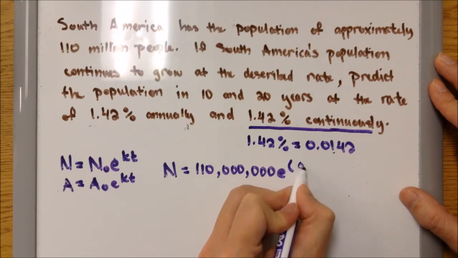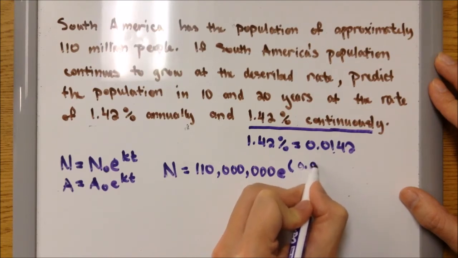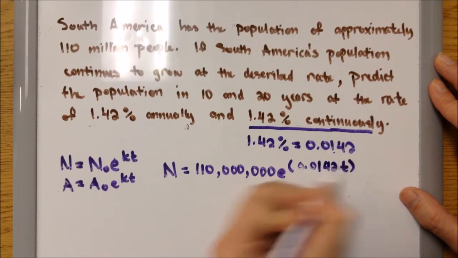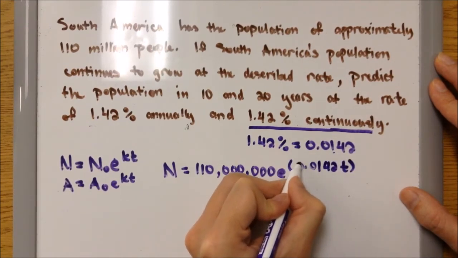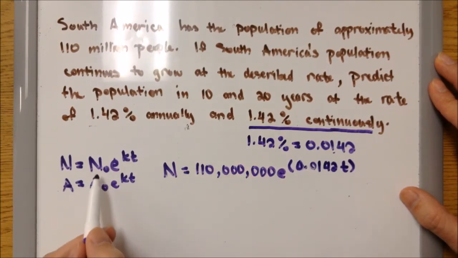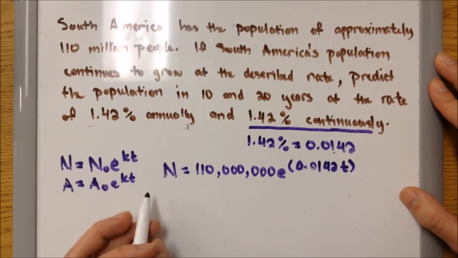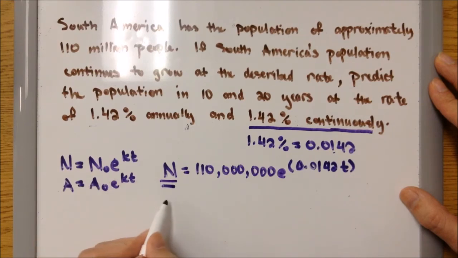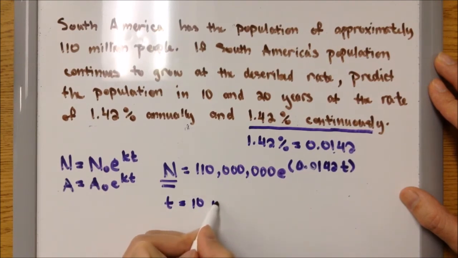So 0.0142 to the t power. Now the reason I use t is because I don't want to put in time yet. I'm just plugging in N sub 0 and k. Now again, the problem was predict the population, you're looking for N. So it gives you the time. So t is 10 years.